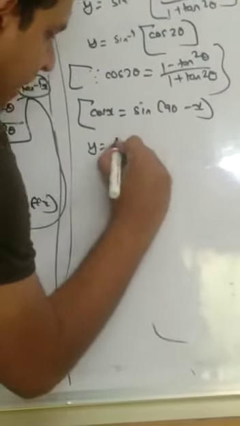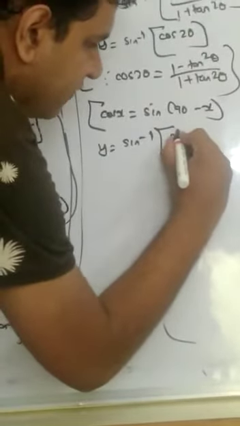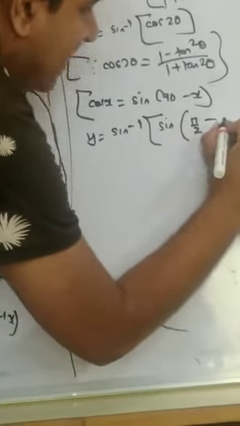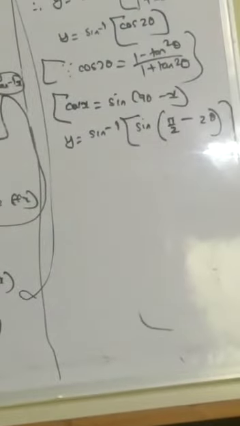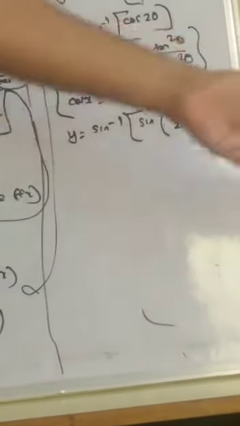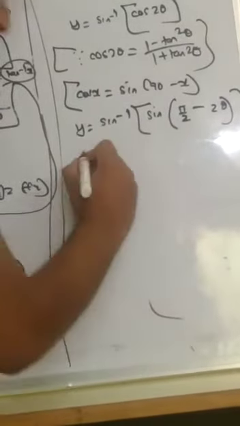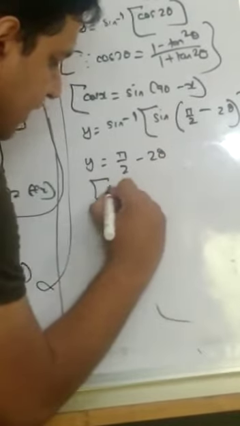So y is equal to sine inverse of sine of (pi by 2, or 90 degrees, minus 2 theta). Now, is it sine inverse of sine of a particular function? Yes, it's absolutely straightforward. What do I write in the next step? Pi by 2 minus 2 theta.